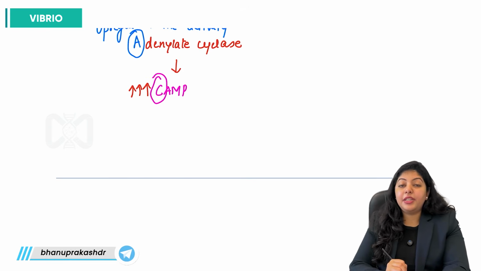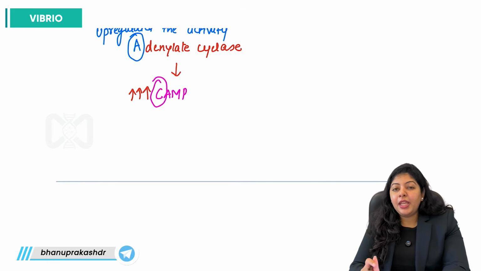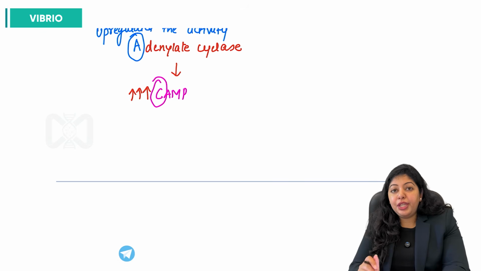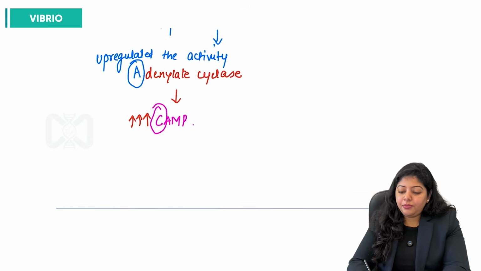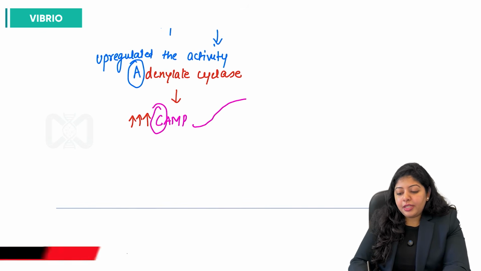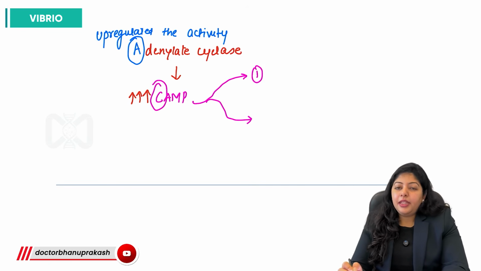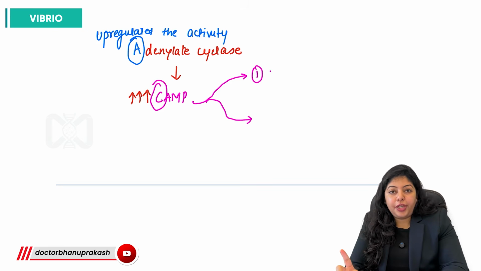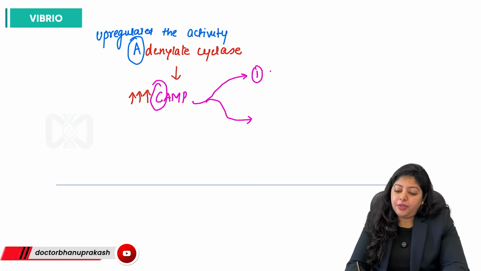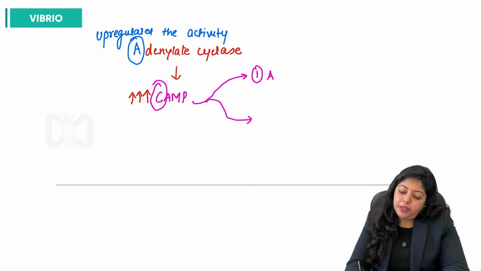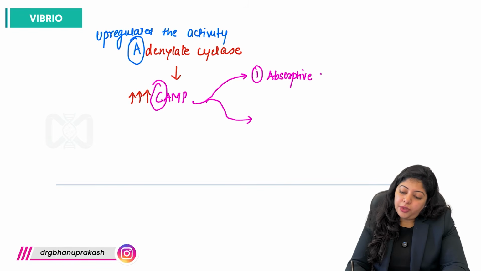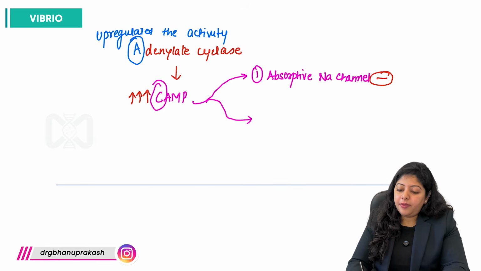There is going to be an increase in cyclic AMP, and with increase in cyclic AMP, two things are going to happen. Firstly, the absorptive sodium channel is inhibited, right?